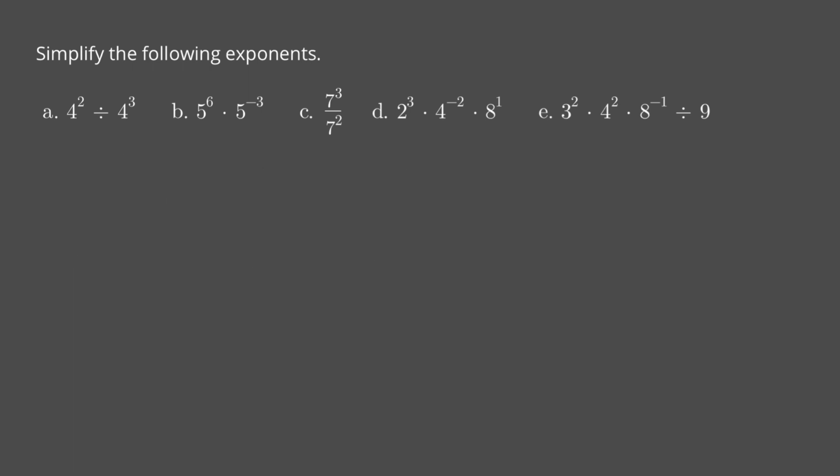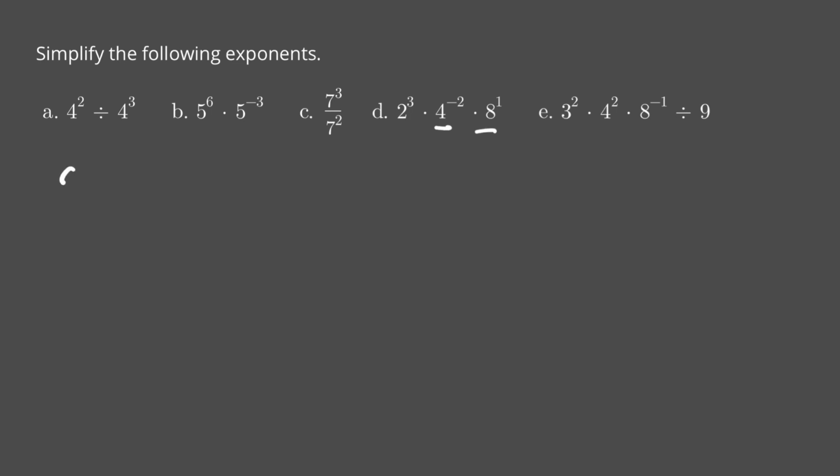In this part, we have to do a little bit more work. The first thing you may notice is that our bases are not the same. So in our previous videos, we've learned how to convert numbers with different bases into numbers with the same base. Let's review that now.